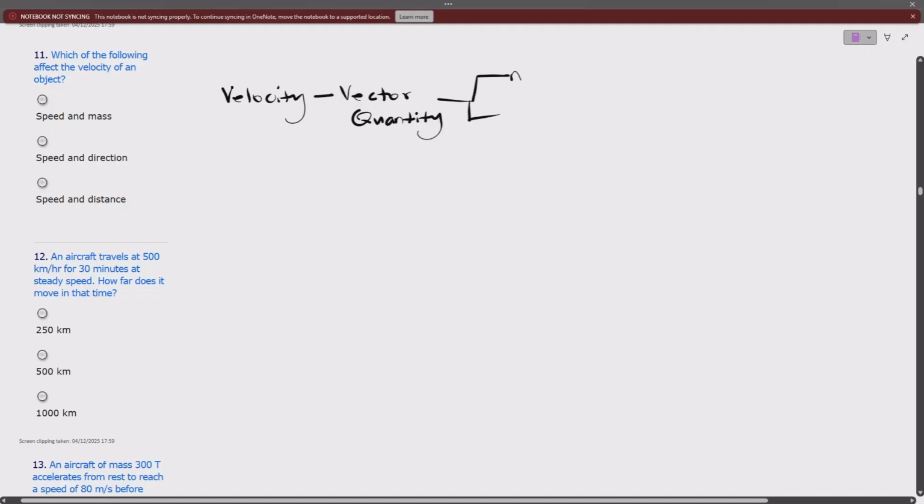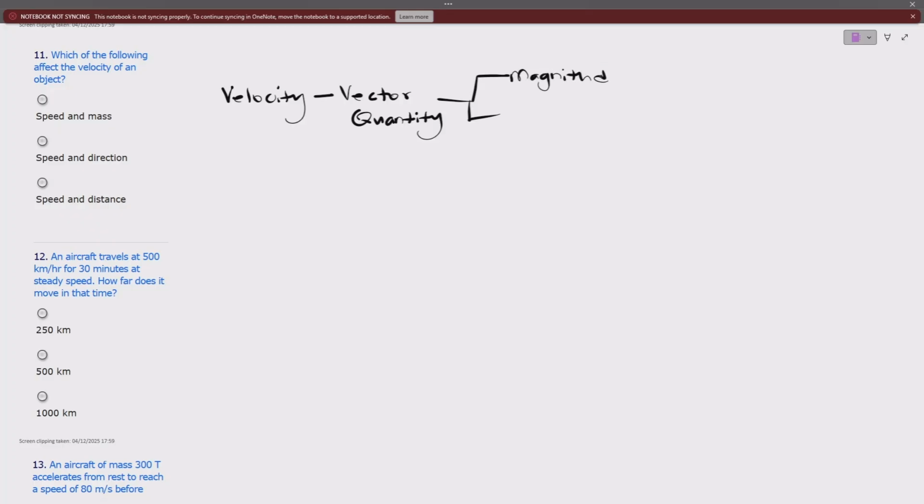So it has magnitude and direction. So it's affected by the speed and direction. That is the right answer. So we have the magnitude and direction.